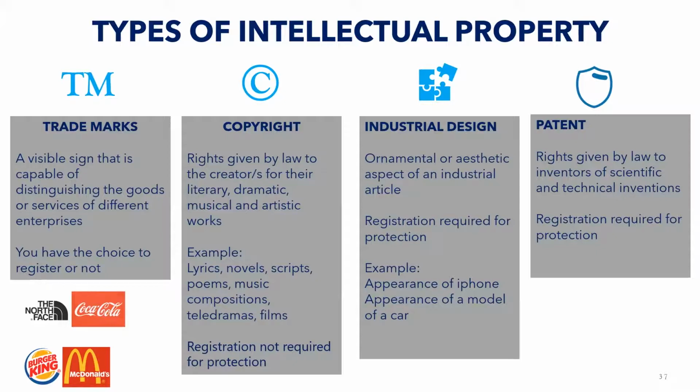So these are the 4 types of intellectual property that are useful to us. Right, so now I am going to jump into each one of them and explain to you how the process of registering in Sri Lanka works, and some of the advantages and disadvantages as well.